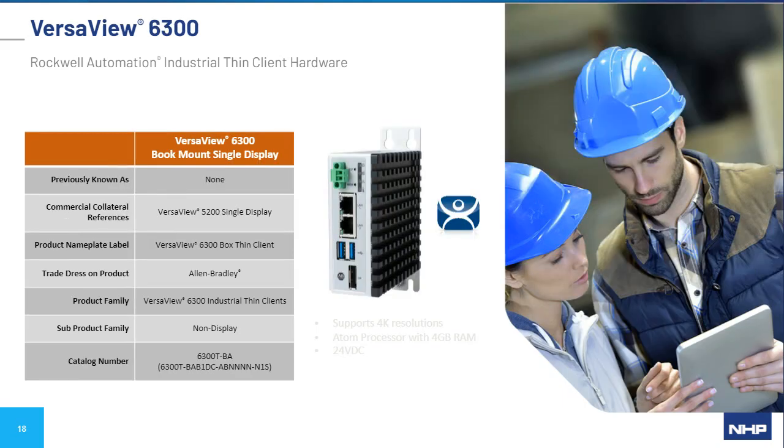And new in our latest range, the VersaView 6300, the first release from a company who acquired ASM, the 6300T is a very powerful unit in a palm-sized box. It will deliver the ability to show a 4K screen with multiple network interfaces in a reliable and highly configurable industrial unit.